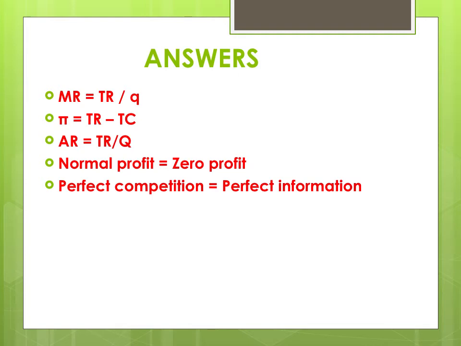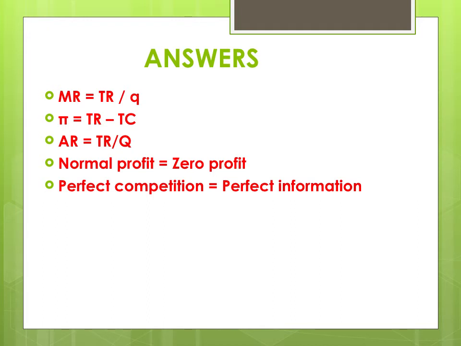The first match was marginal revenue, and marginal revenue is equal to total revenue divided by the quantity. Next, the symbol of the firm's profit, which is equal to TR minus TC.